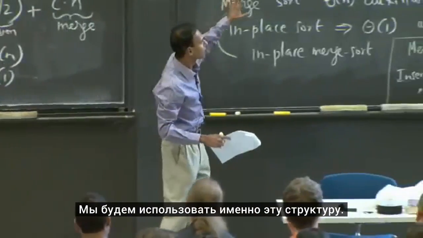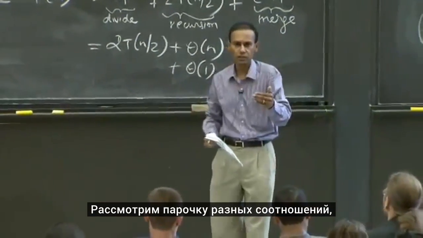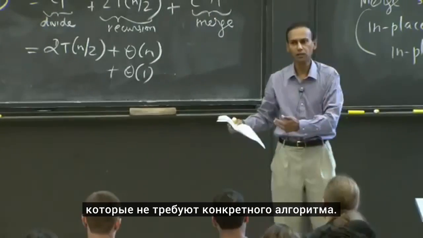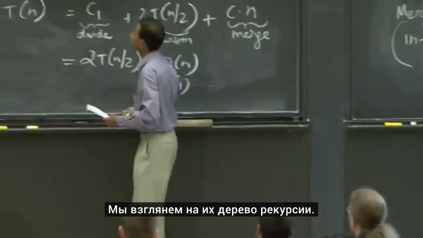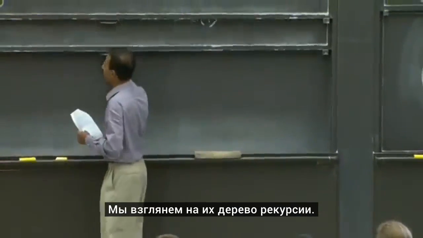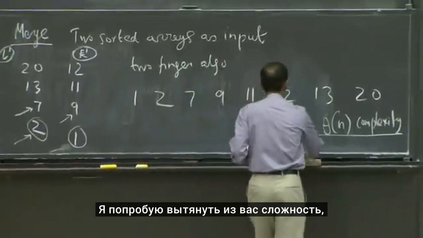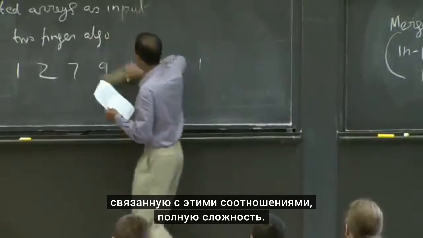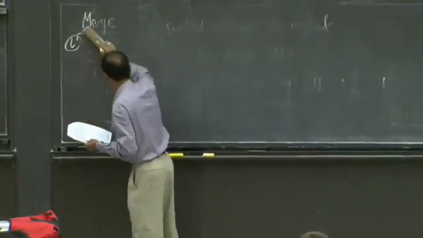We're going to use exactly this structure, and look at a couple of different recurrences that I won't really motivate in terms of a specific algorithm, but I'll just write out the recurrence, and we'll look at the recursion tree for that, and I'll try and tease out of you the overall complexity associated with these recurrences.